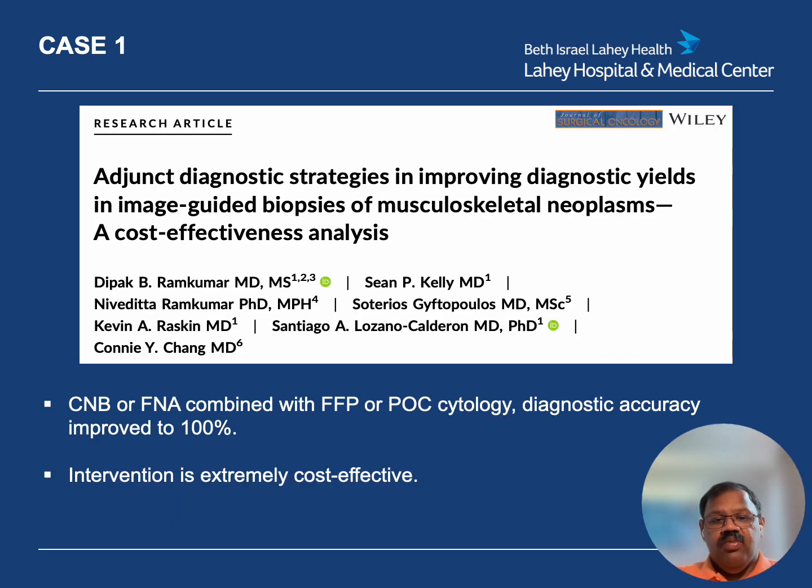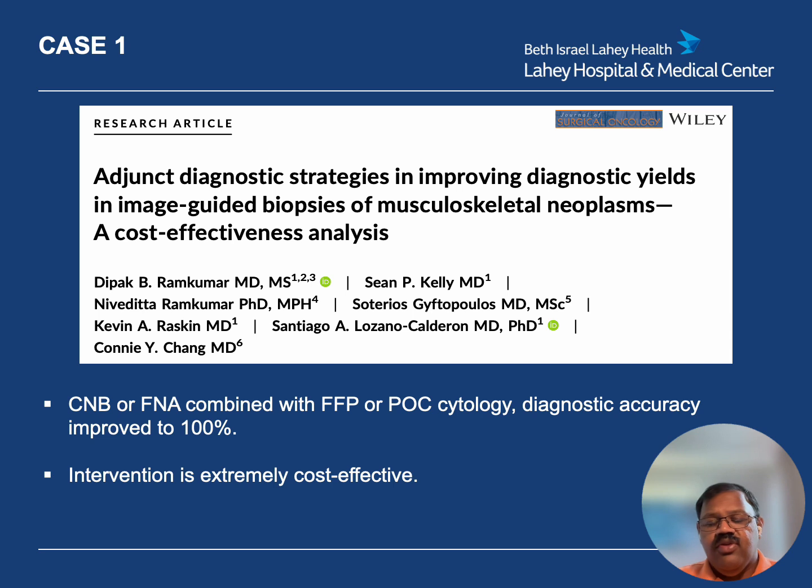So this was a paper that our group published looking at adjunct diagnostic strategies and improving diagnostic yields in image-guided biopsies of musculoskeletal neoplasms. This was essentially a look at improving yield of these core needle biopsies by performing either point-of-care cytology or fresh frozen assessment of the tissue, not to help determine a diagnosis, but instead to just determine if there is sufficient and adequate tissue for diagnosis or not at the time of biopsy acquisition.